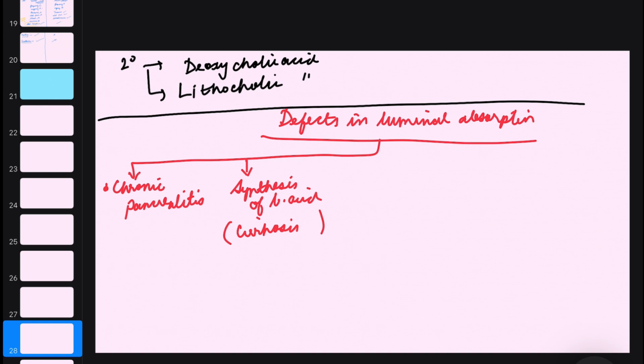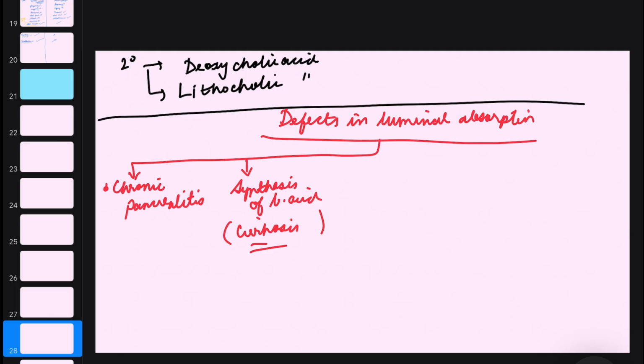It is being replaced by fibrotic nodules. And can fibrotic afunctional nodules form bile acids? Obviously not. Healthy hepatocytes are being replaced by fibrotic nodules, not even cells. So how can they form bile acids? Of course they can't. So there is a defect in synthesis of bile acid in liver cirrhosis. Then I'll get a problem in my absorption of fat.